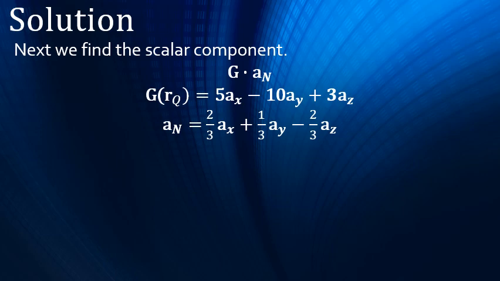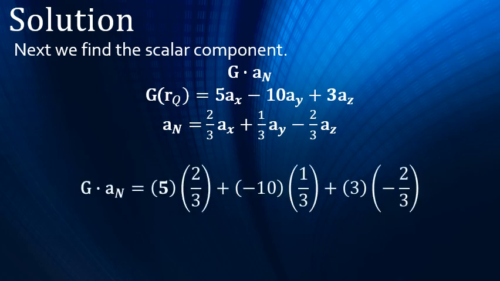Ang gagawin natin yung kanyang mga components. So i-multiply natin yung components along ax, that is 5 times 2/3, plus yung components along ay, then az. So x kay x, y kay y, z kay z. So multiply natin, pag simplify natin, kuha natin the scalar component is negative 2.